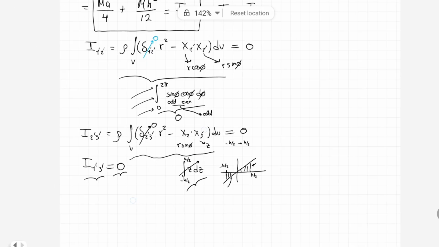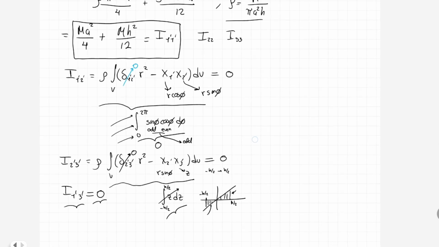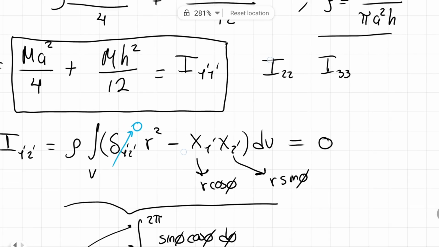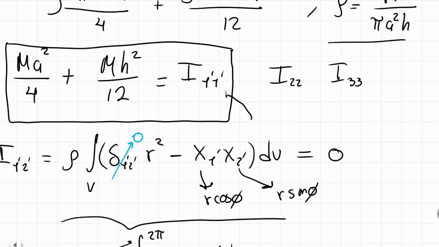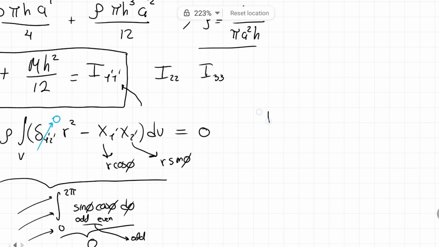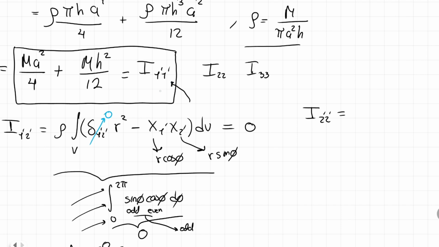Okay, so let me write over here what are going to be the values of the other components that we didn't calculate, just to establish what is the matrix of the inertia tensor. So actually for the I2 term, we are going to have exactly the same as in the beginning.